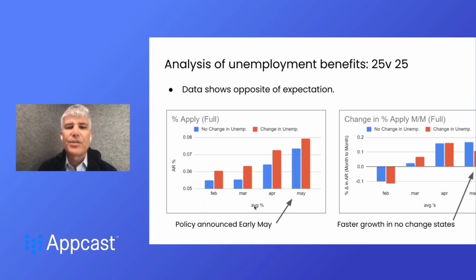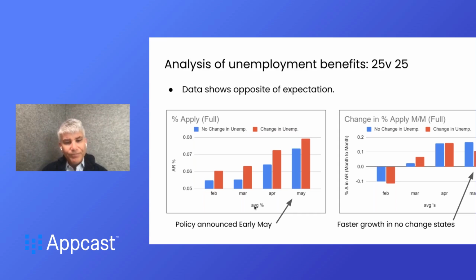So our hypothesis was that we would see lower apply rates in states that have the unemployment benefit suspended, and higher apply rates in the states that had continued to pay unemployment.